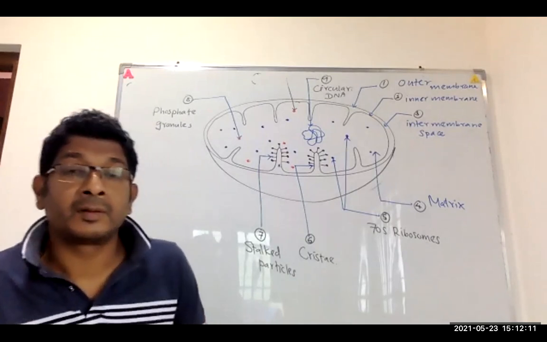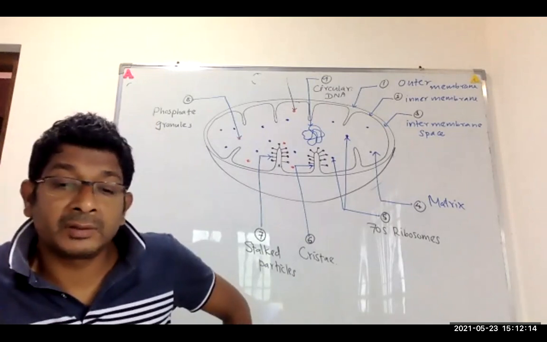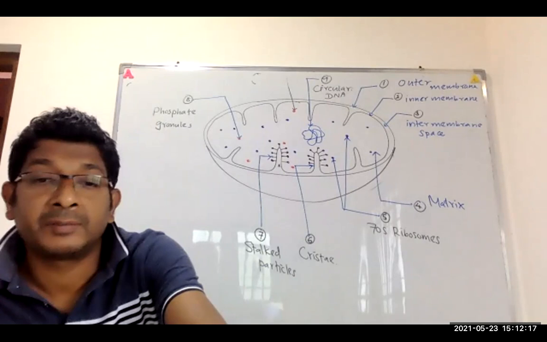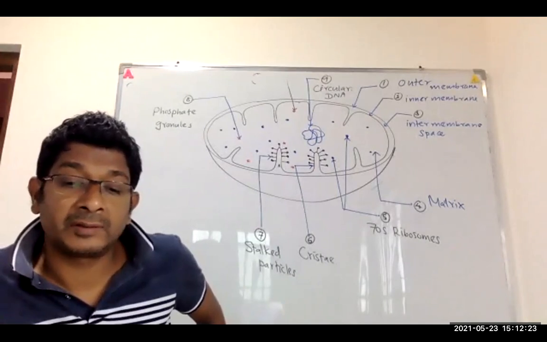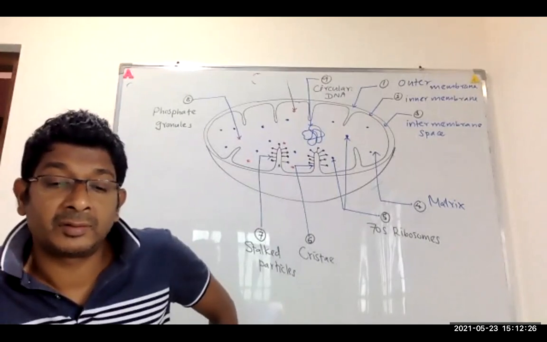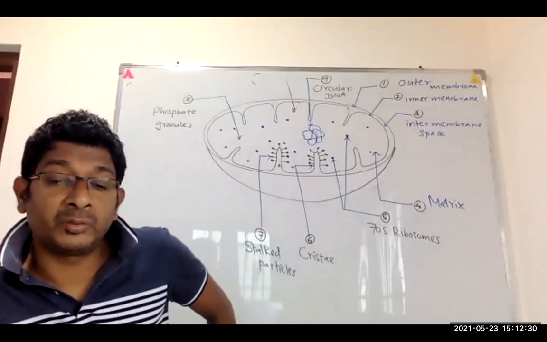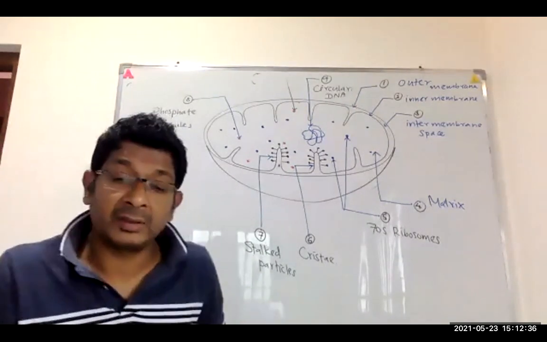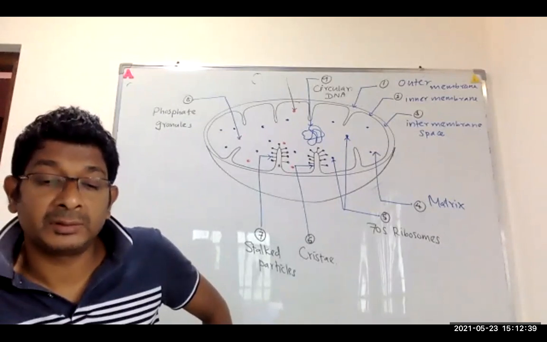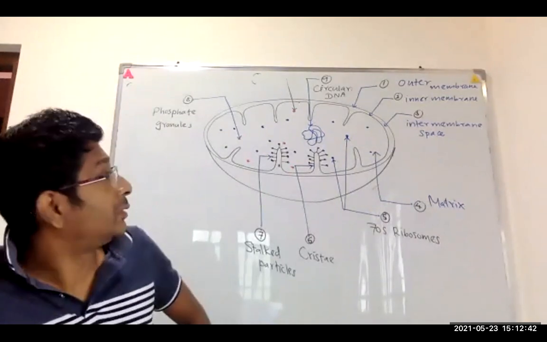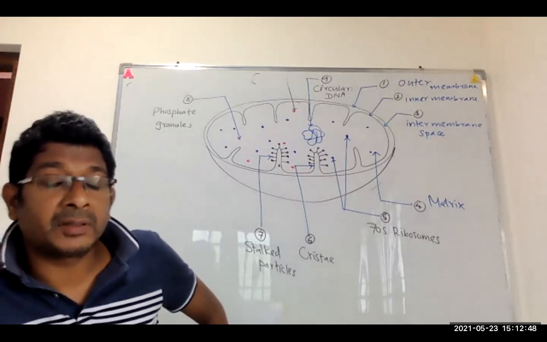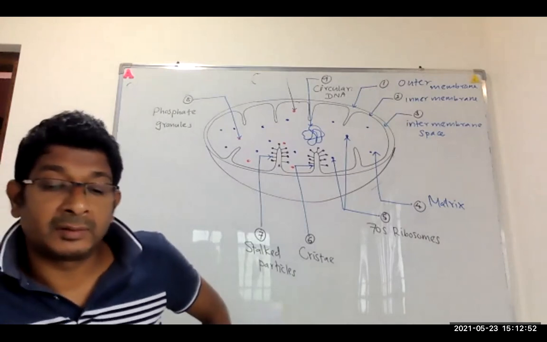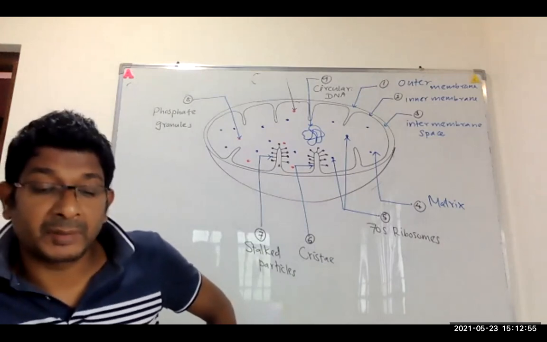Right, now. Mitochondrion is an elongated organelle with two enclosing membranes called the envelope.